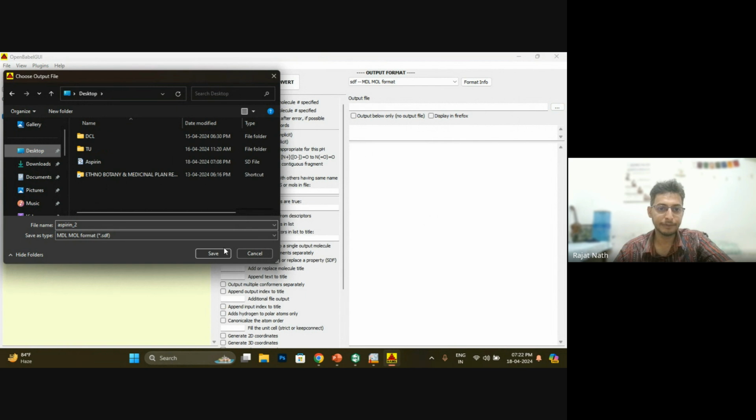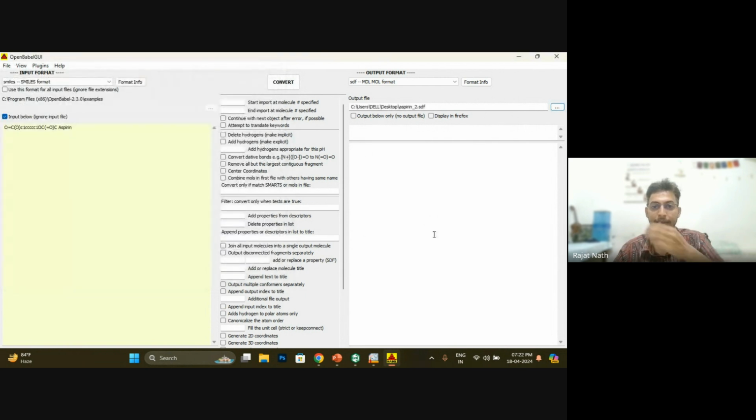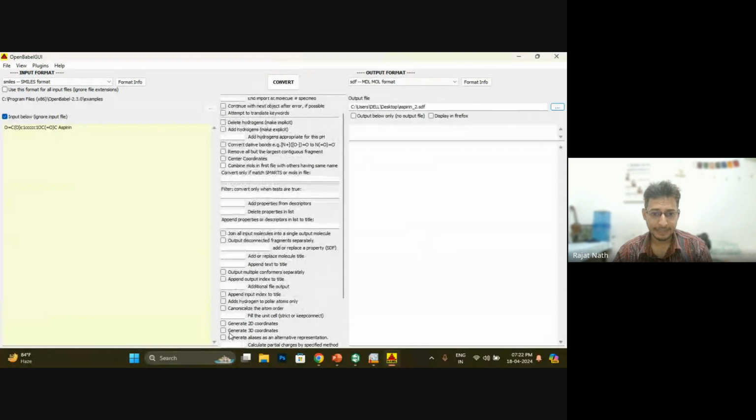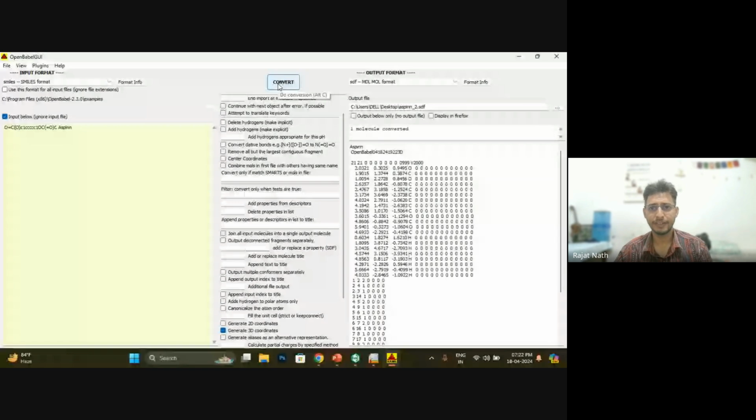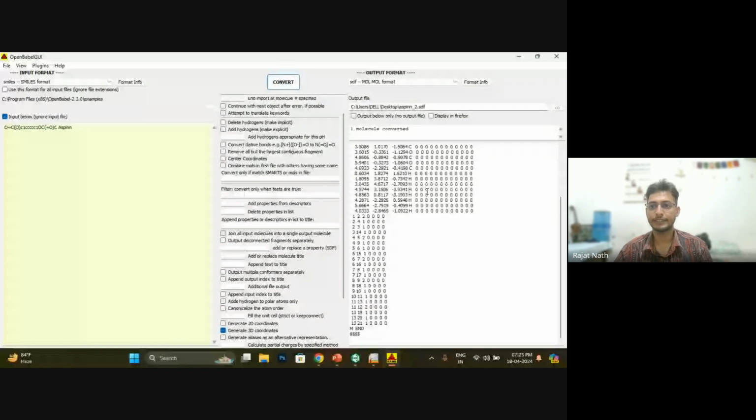Click save. And most important, click on generate 3D coordinates, and below that click on convert. It will take a few seconds and it will convert to PDB.